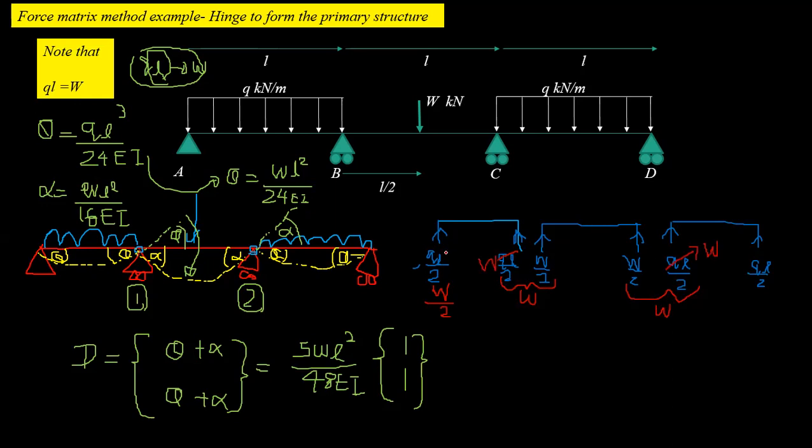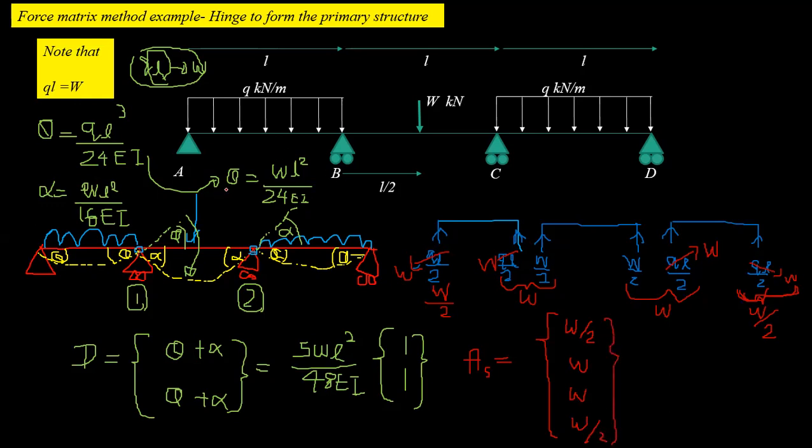So this is W over 2, right? So your action matrix, action of the primary structure, is going to be W over 2, W, W, and W over 2, right? So now my primary structure is done.